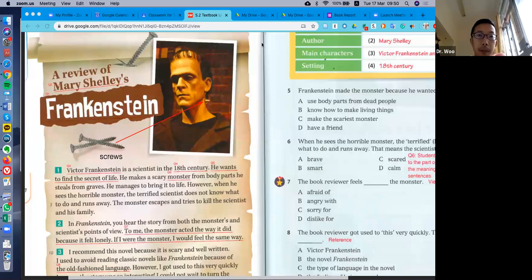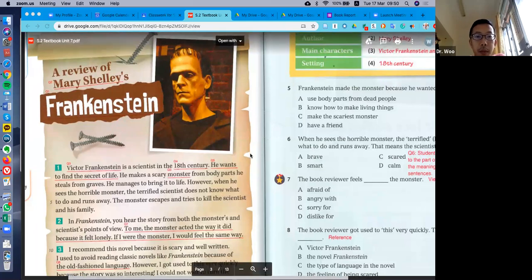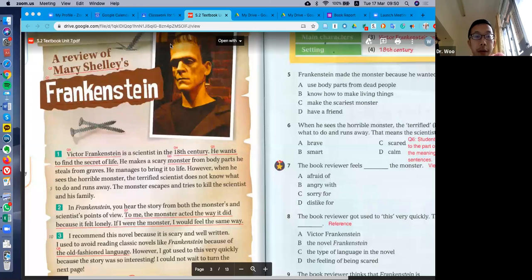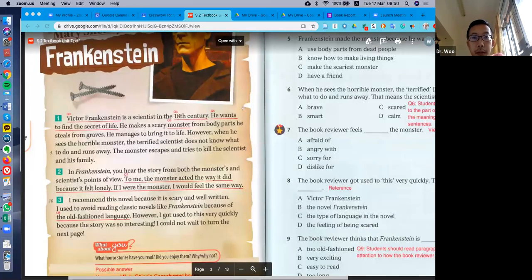Let's take a look at the second and third paragraphs. Okay. So Jermaine, the first paragraph was the summary. Okay, this was the summary. Now take a look at second and third paragraphs.